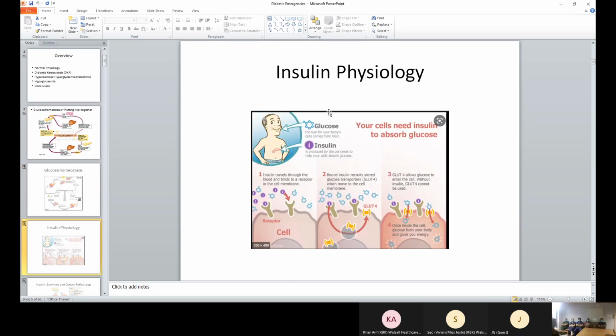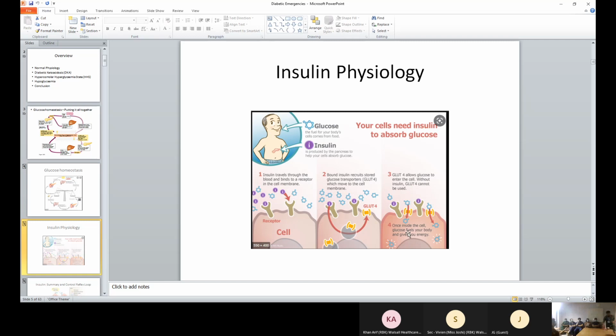As I told you before, this is why insulin is needed. When insulin is not available, glucose is not able to enter the cell. The important thing is the glucose transporters, GLUT4. When insulin binds to its receptor, the glucose transporters attach to the cells, and that allows glucose in the bloodstream into the cell.